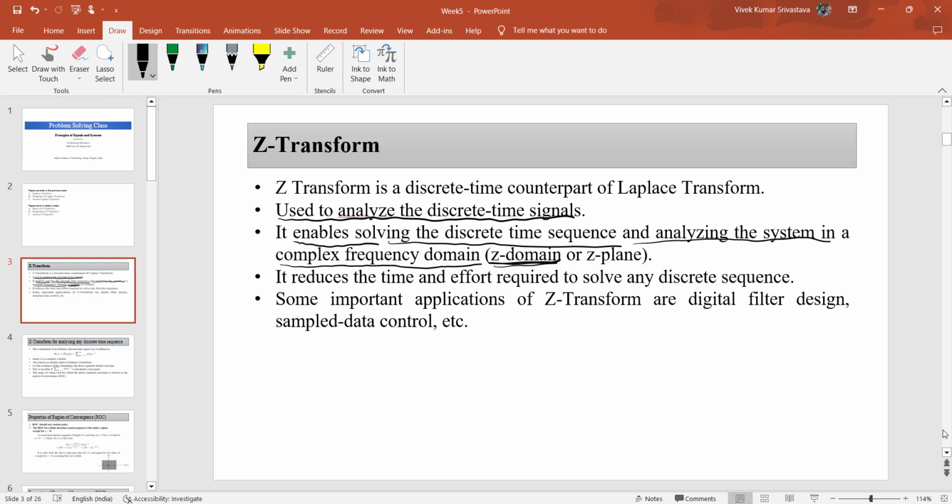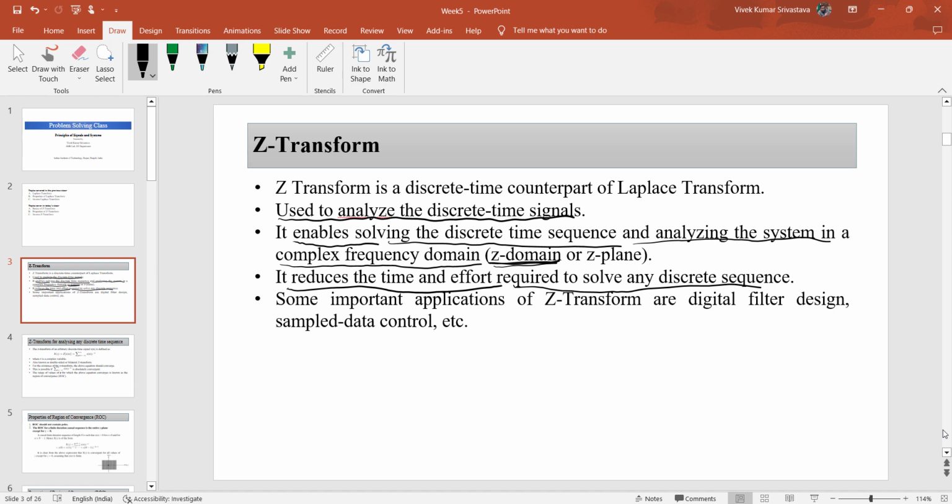By doing this we can reduce the time and effort required to analyze any discrete time sequence. So I hope the motivation for why we use the Z transform is clear to you.